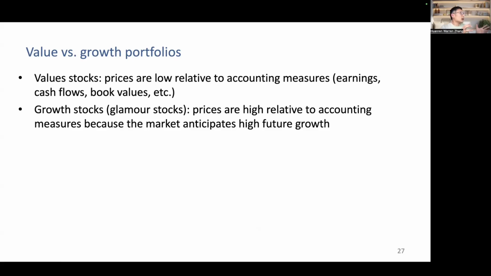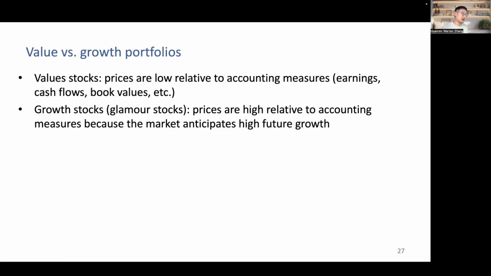Now, the decision rule based on PE ratio. There are names for the low PE ratio stocks and high PE ratio stocks. We call them value stocks versus growth stocks. Value stocks are the stocks whose price is low relative to accounting measures. The accounting measures could be earnings, which leads to this PE ratio measure. It could also be other accounting measures like cash flow or book values.